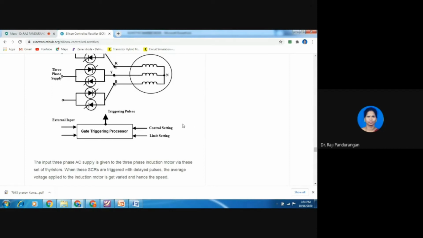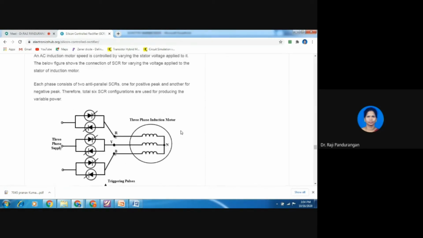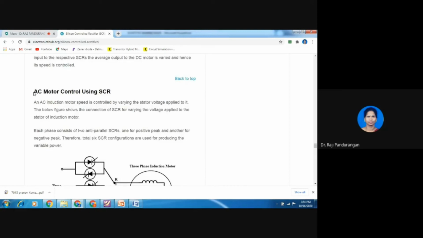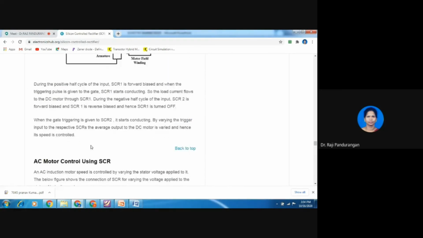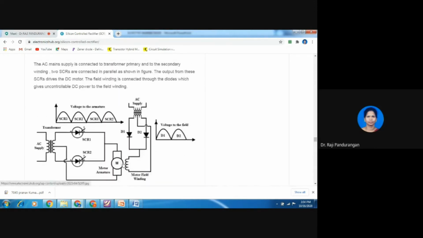It is alternating current, for example 230 volt to DC voltage, 10 volt conversion, 30 volt conversion, like that. In such cases, we go for it. We will also see AC motor control, and alternating current induction motor speed control. AC means alternating current, it's not air conditioner. Keep that in mind.